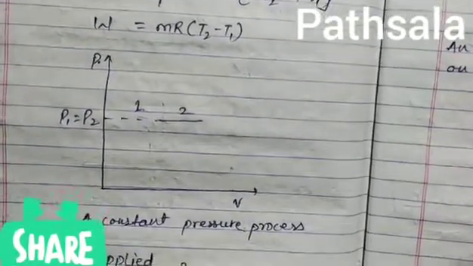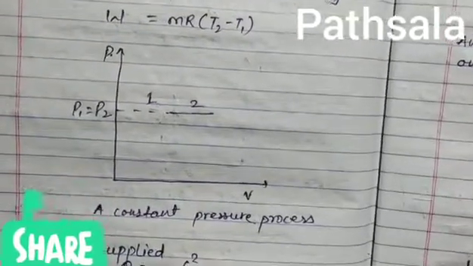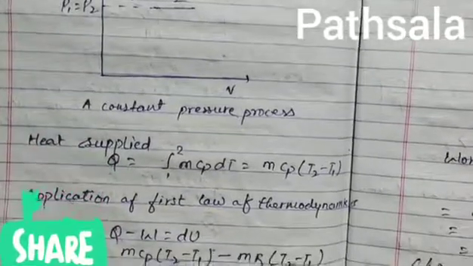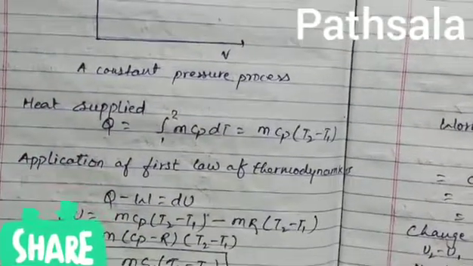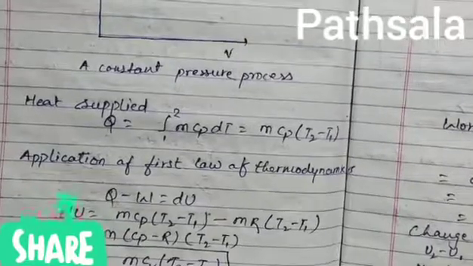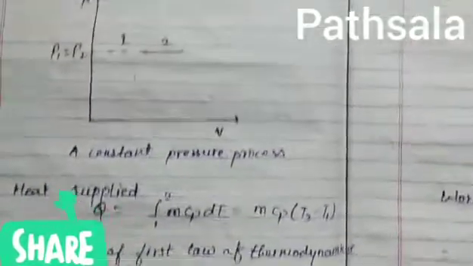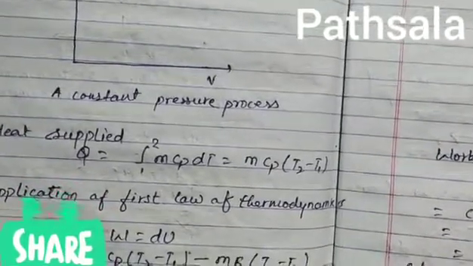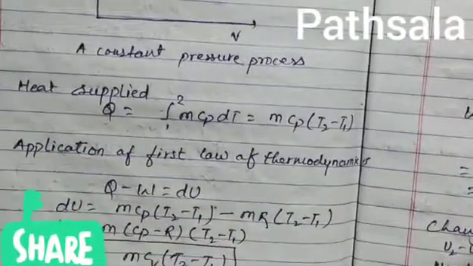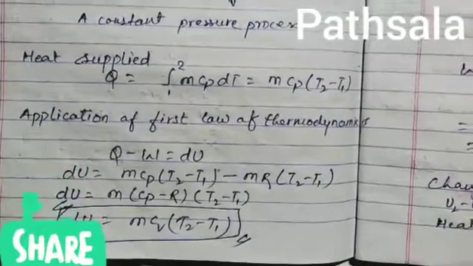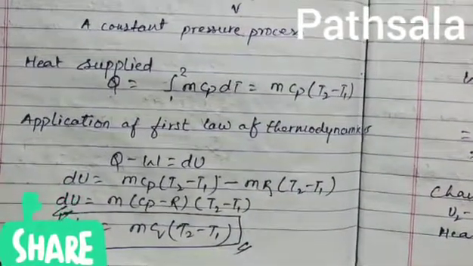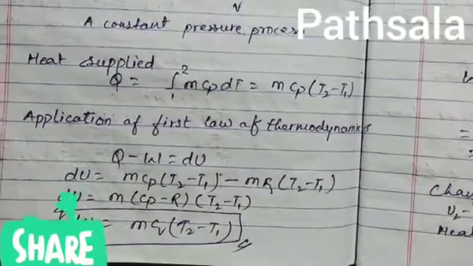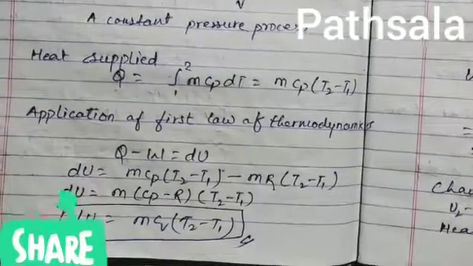So as you can see, at constant pressure P1 equal to P2, heat is supplied. Now we find the heat supply, which is equal to the integration of m Cp delta T, that is m Cp (T2 minus T1). According to the application of the first law of thermodynamics, Q minus W is equal to dU, so dU is equal to m Cp (T2 minus T1) minus m R (T2 minus T1).